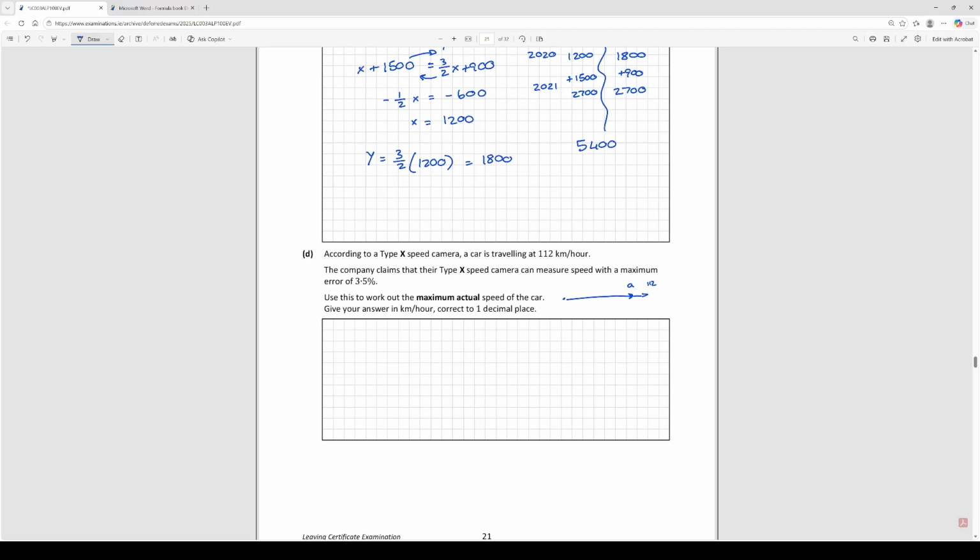So his speed, I'm going to assume that they intended to say that the camera is overshooting the actual speed by 3.5%. So I would say that the A is at 100%, and then 112 is at 103.5%. Like it's slightly overshooting it and saying 112. I could be wrong.